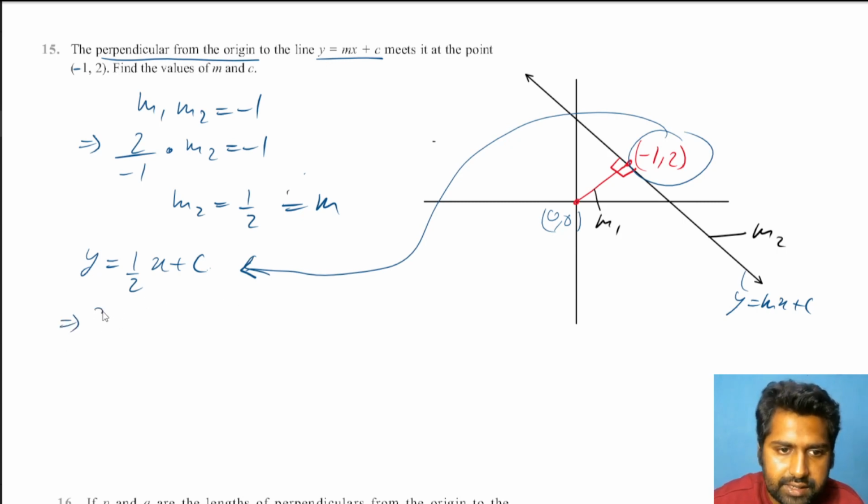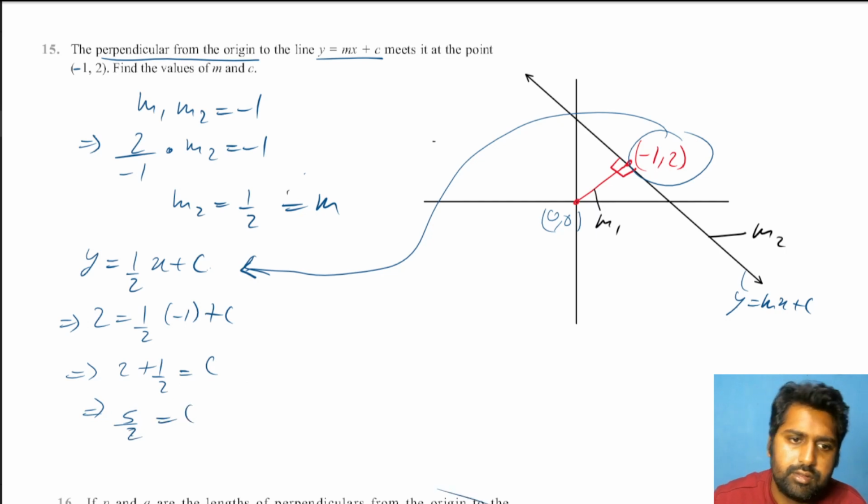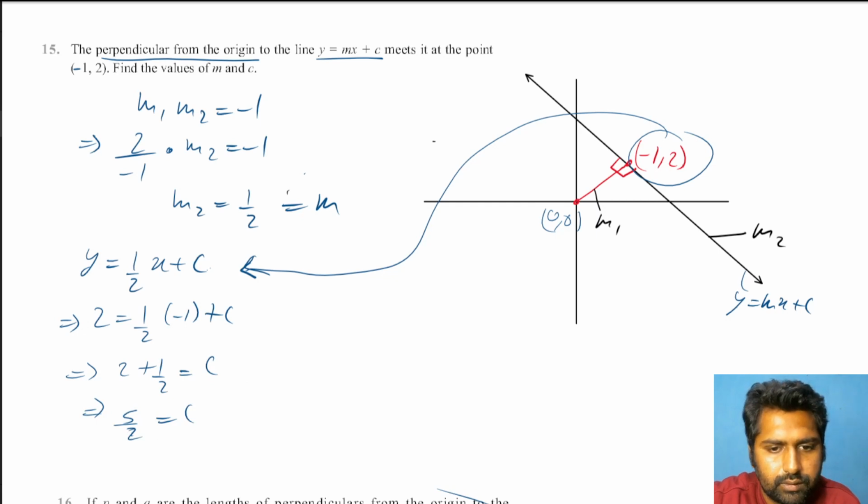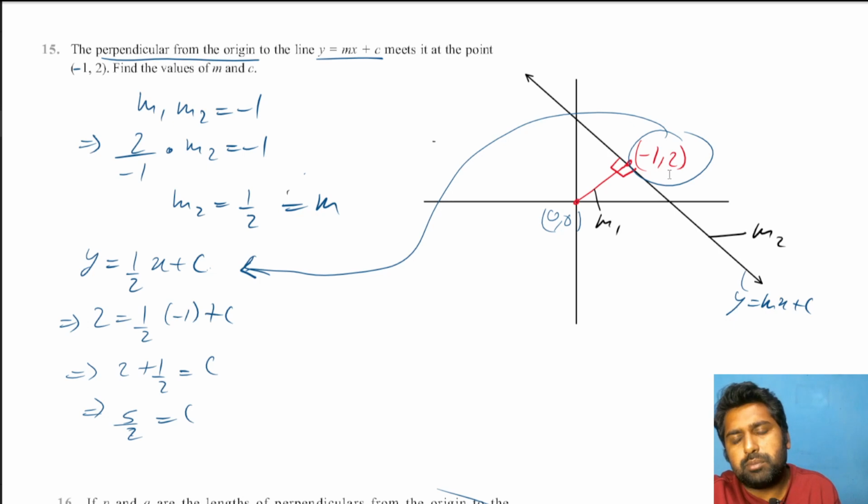Put the value: 2 is equal to 1 by 2 into minus 1 plus c. What do we get c as? 2 plus 1 by 2 is equal to c, 5 by 2. C is 5 by 2. Slope we calculated using the concept of M1, M2. Then I put the value of m, and the point must satisfy the equation. Get the value of c also.